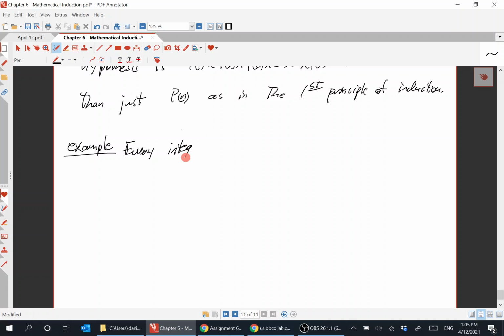Every integer n bigger than or equal to 2 is either prime or a product of primes. Every integer n is either a prime or a product of primes. I mean, you know this, right? Every integer is either prime or a product of primes.